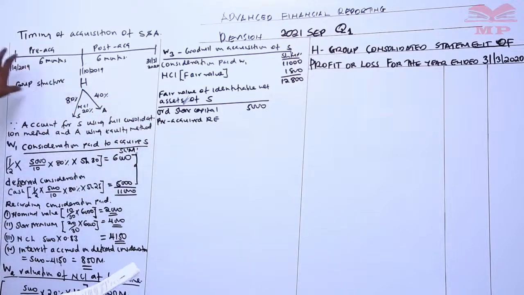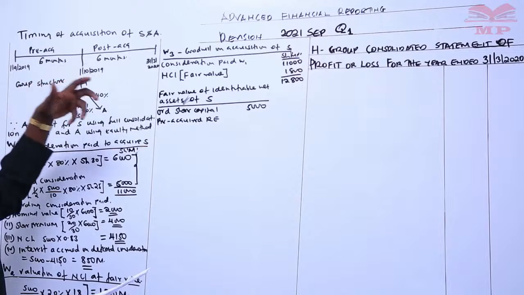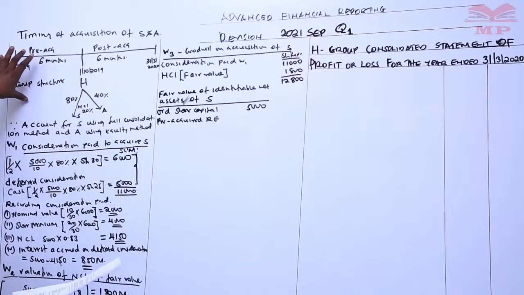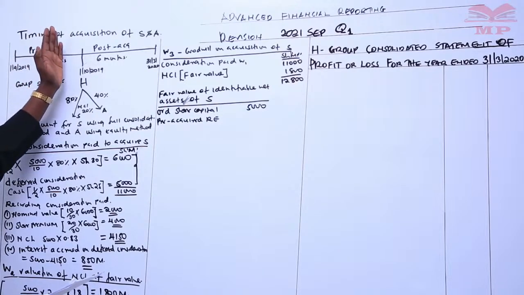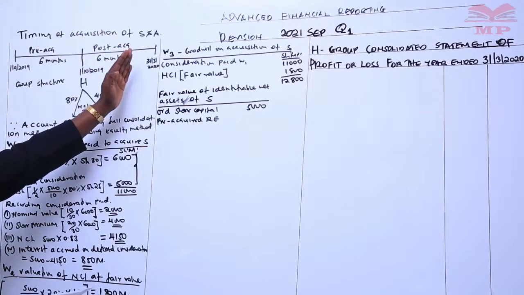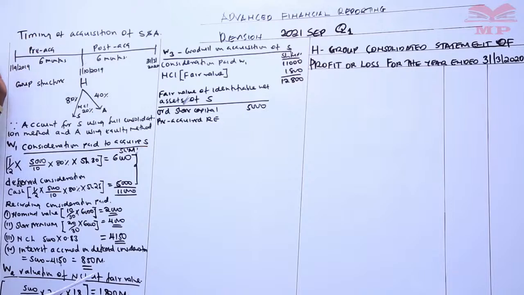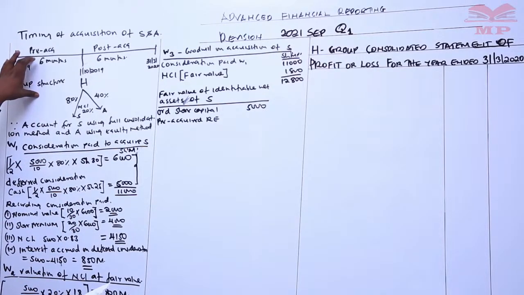But recall that the timing of acquisition also provides you with some information to help you get pre-acquired profits. We're only going to operate with S for 6 months. That means that the previous 6 months is a pre-acquisition period when S operated alone. So on top of the pre-acquired retained earnings provided, we add the pre-acquired profits.